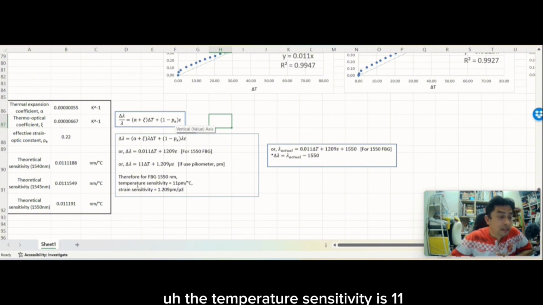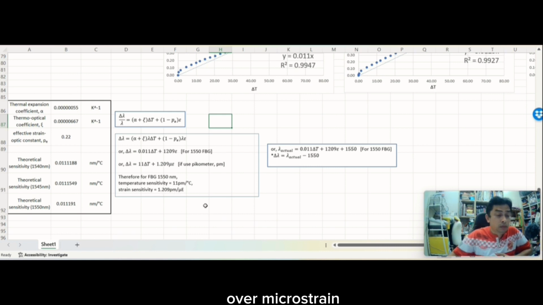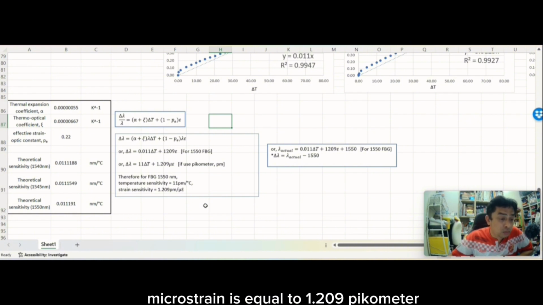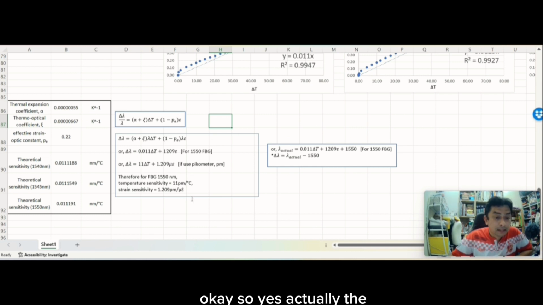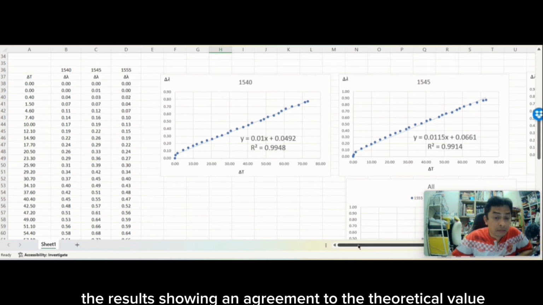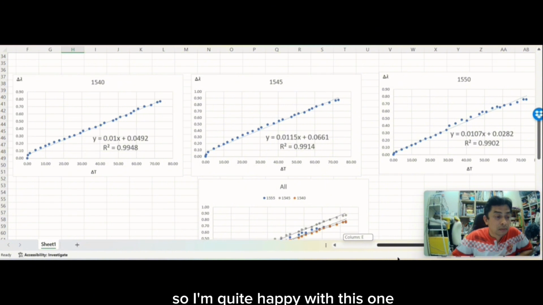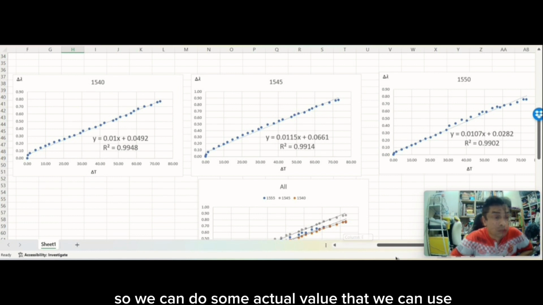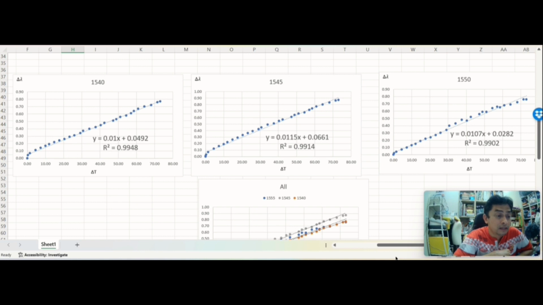In other words, the temperature sensitivity is 11 picometers per degree C, and the strain sensitivity is 1.209 picometers per microstrain. So each 1 microstrain is equal to 1.209 picometers. The results are in agreement with the theoretical value, so I'm quite happy with this. These are the actual values that we can use to calculate with the FBG in actual applications.